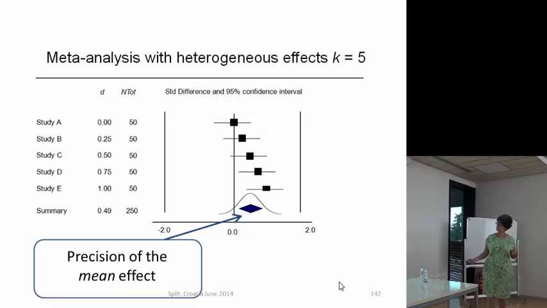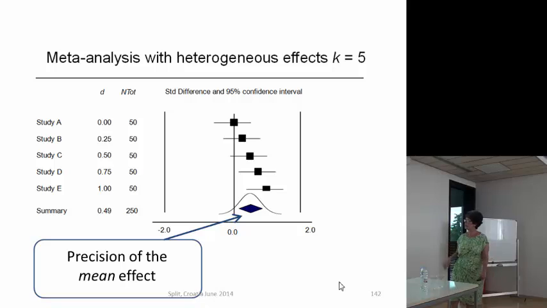If we have heterogeneous effects, even if we had a zillion studies, we would still have a larger confidence interval, because the confidence interval captures the true differences between studies as well as the actual precision of the particular estimate of the mean.